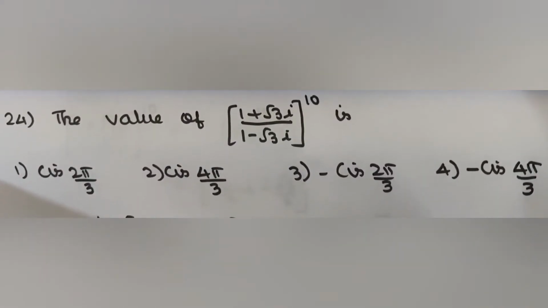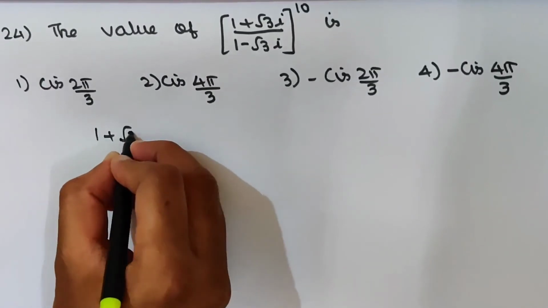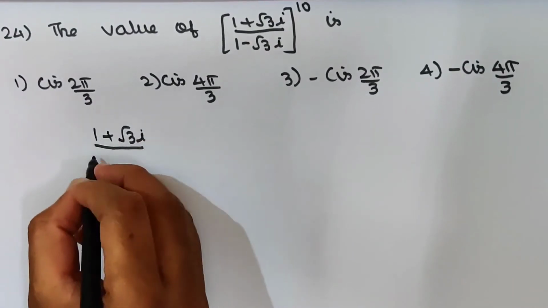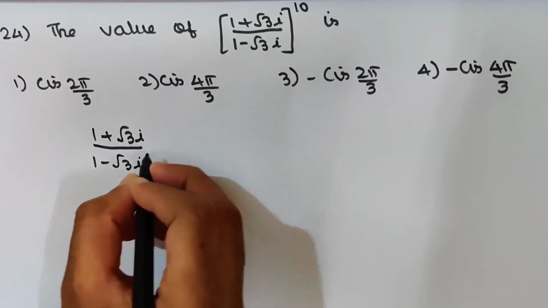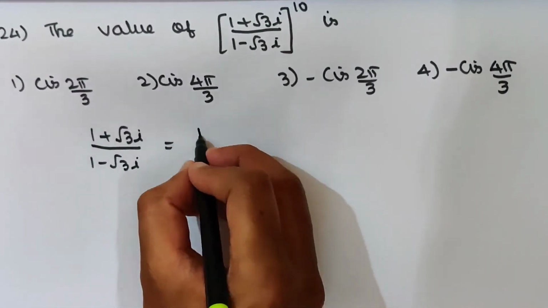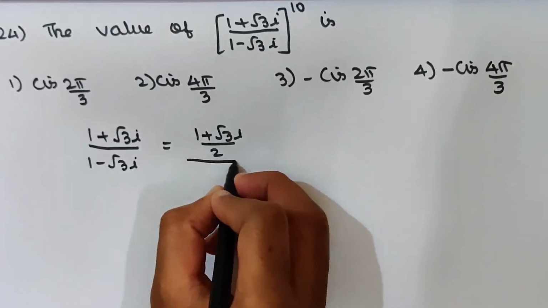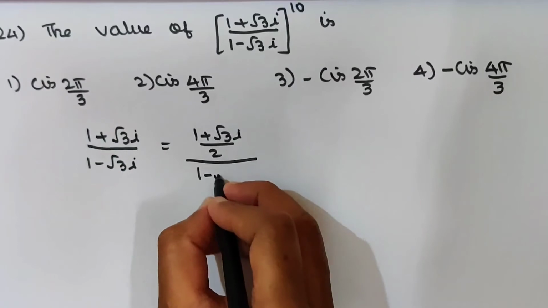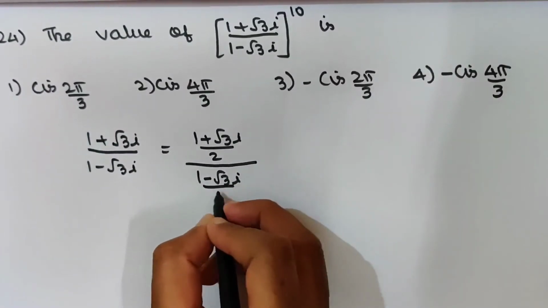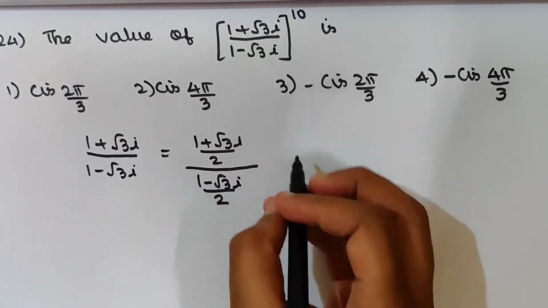We can do this 24th question in another way. 1 plus root 3i divided by 1 minus root 3i. Divide both the numerator and denominator by 2. So I'll get (1 plus root 3i divided by 2) whole thing divided by (1 minus root 3i divided by 2). From the denominator I'm going to take the minus outside.